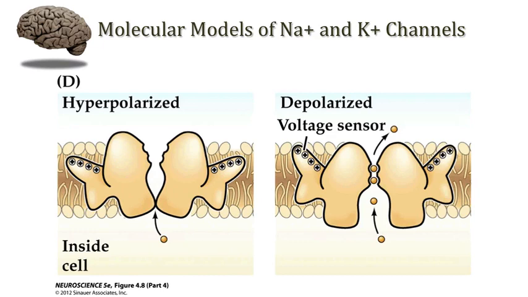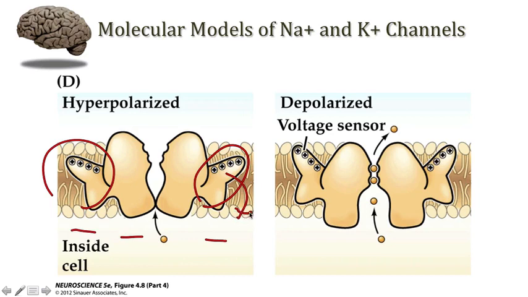Now, we've already talked some about the voltage sensor that's part of each subunit, and that voltage sensor is illustrated by these wings out to the side of these subunits that carry positively charged amino acid residues. So in the hyperpolarized state, when the inside of the cell is made more negative, these positive charges in these wing-like structures are drawn inward toward that negativity.